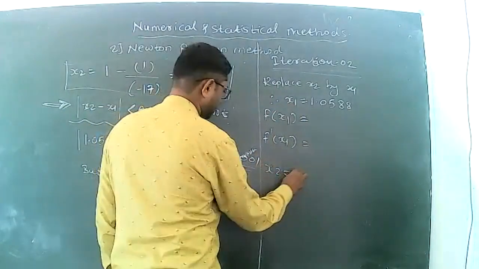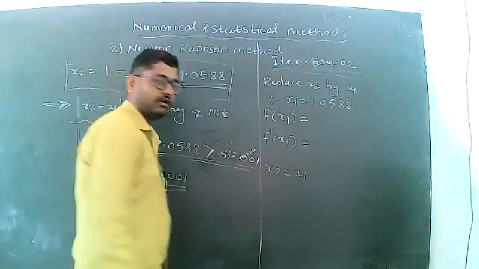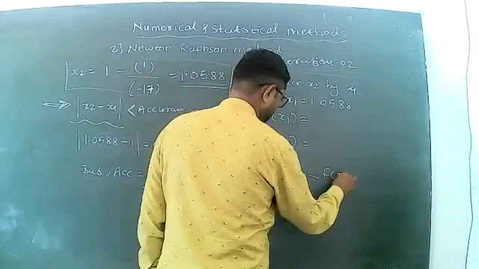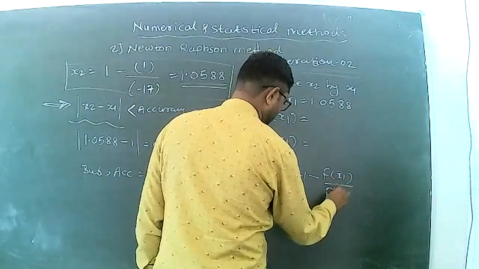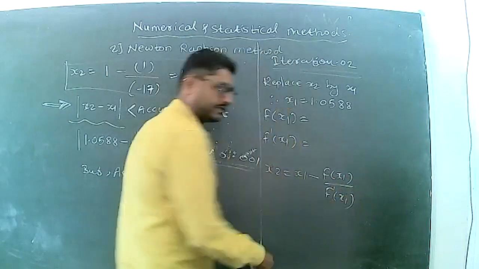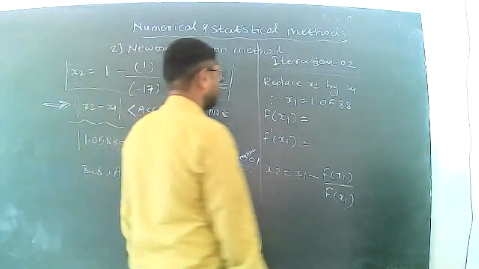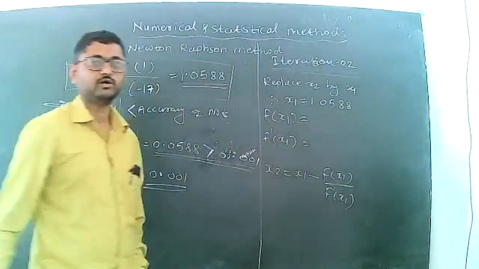What is x2? x2 is equal to x1 minus f of x1 upon f dash of x1. So find f of x1.